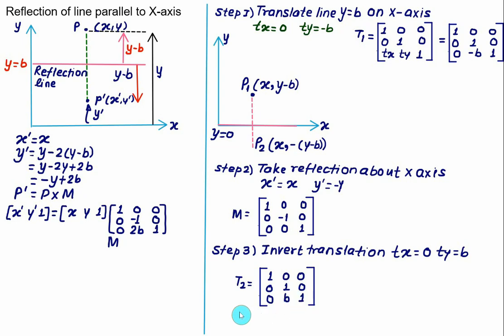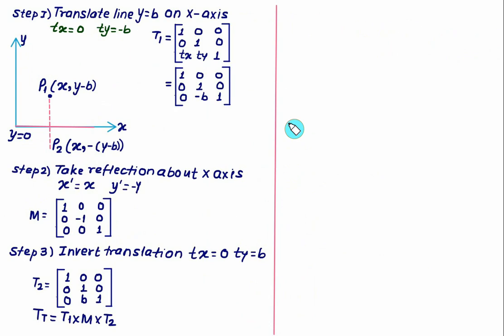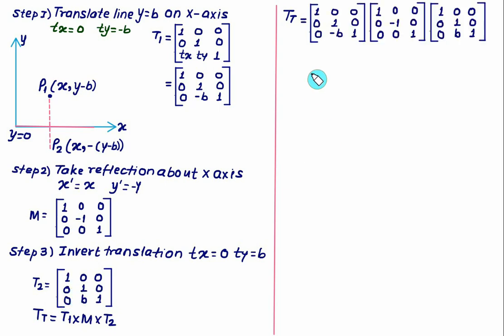So the total transformation matrix is T1 multiplied by the mirror matrix M multiplied by the translation matrix T2. We want to solve for the total transformation matrix as T1 into M into T2. For T1 you write the first translation matrix, then the mirror matrix, and then the second translation matrix. We substitute the translation matrix as 1 0 0, 0 1 0, 0 minus b 1.